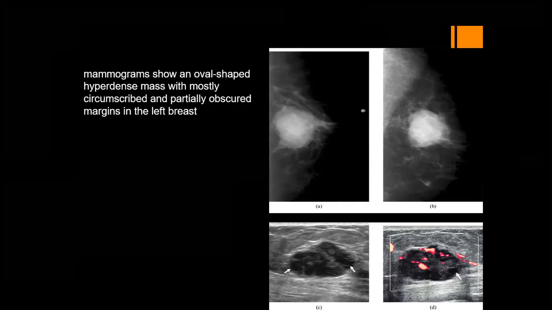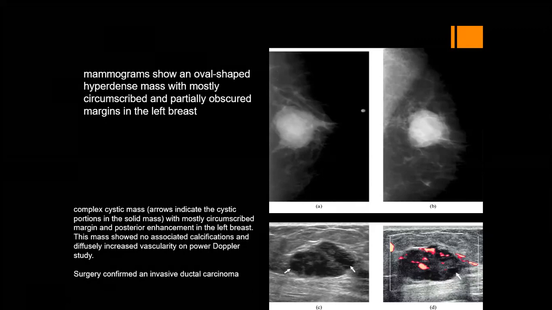I think fibroadenoma. It demonstrates a complex lesion, with multiple cysts seen. If it is a fibroadenoma, it is not a simple fibroadenoma, it would be a complex fibroadenoma. But this is a complex vascular lesion, so it will be upgraded to at least BI-RADS 4B for biopsy. Surgery confirmed the lesion to be an invasive ductal carcinoma. So we have to be cautious.